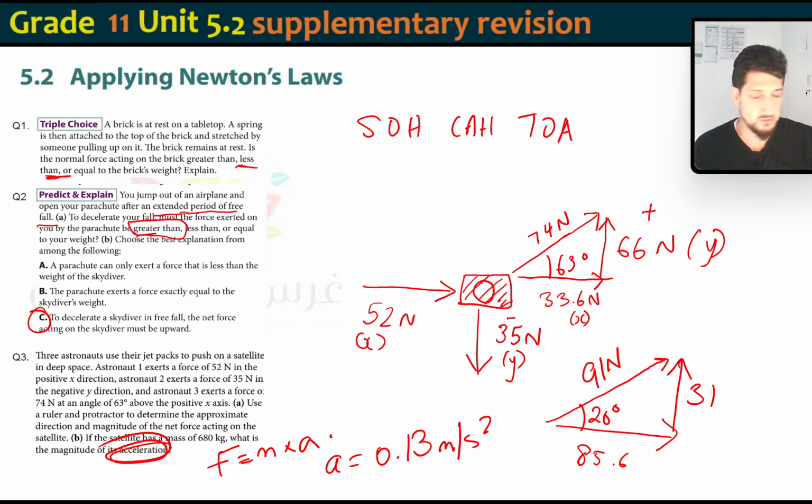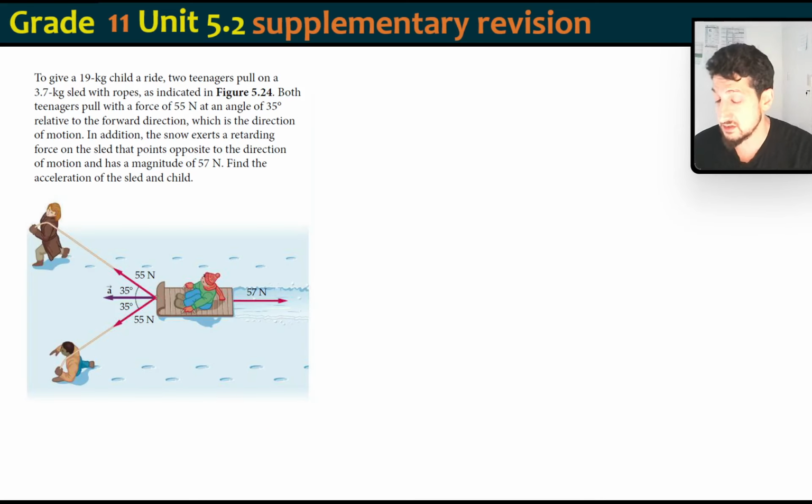Okay, how are we doing for time? We're at 13 minutes. Let's go to the last question. To give a 19 kilogram child a ride, two teenagers pull on a 3.7 kilogram sled with ropes as indicated in figure 5.24. Both teenagers pull with a force of 55 newtons at an angle of 35 relative to the forward direction, which is the direction of the motion.